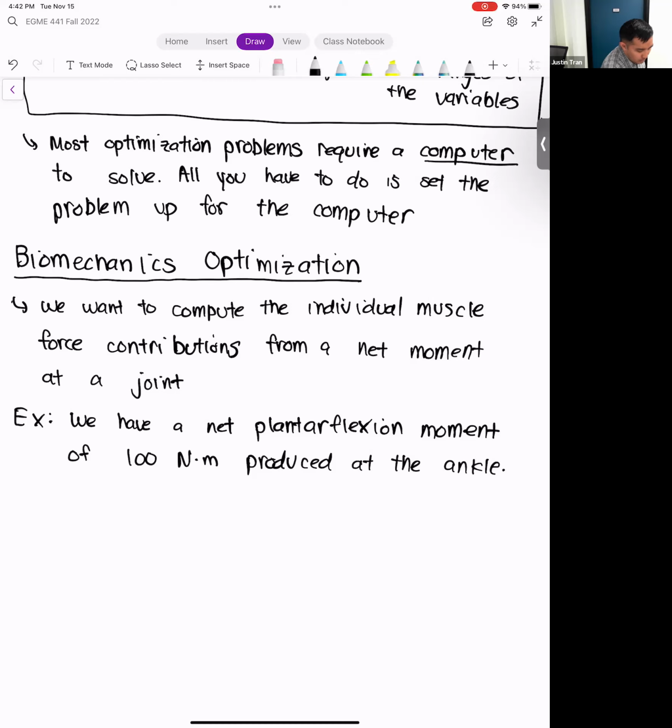Our next step is to find out how many muscles we have at the ankle that can help produce this moment.